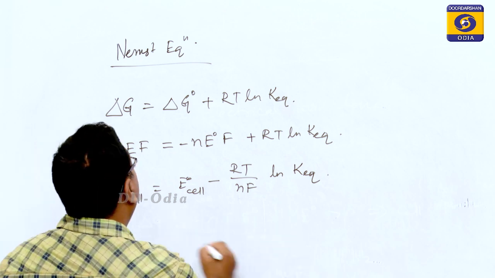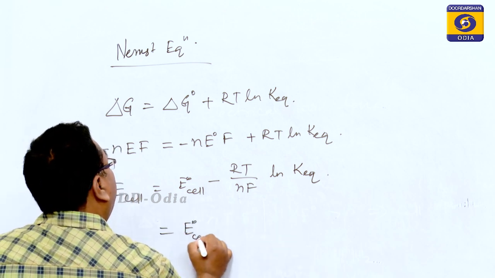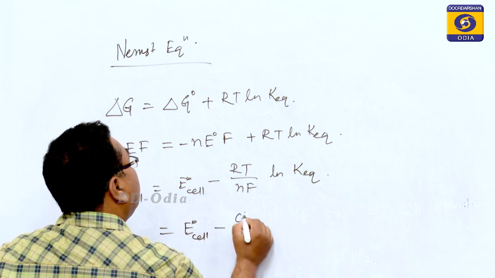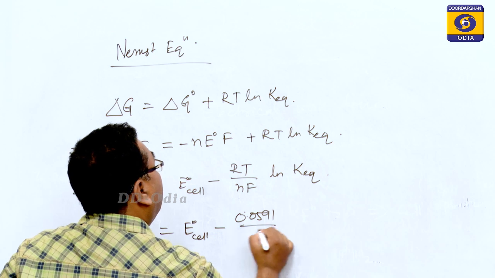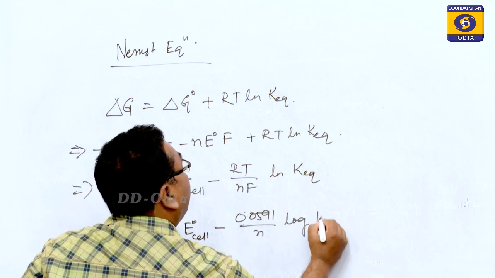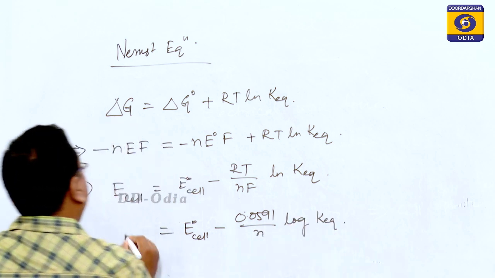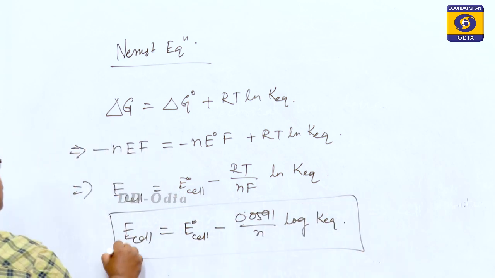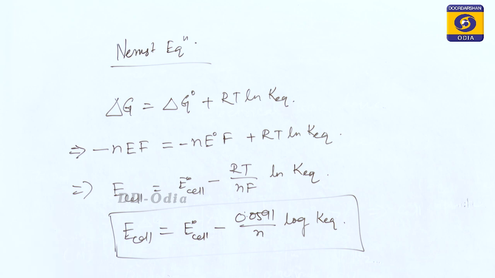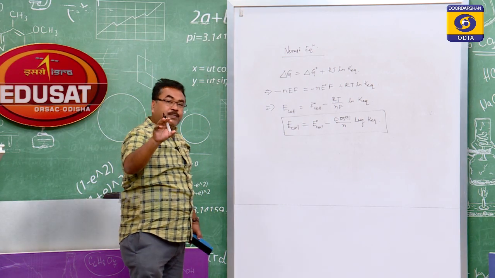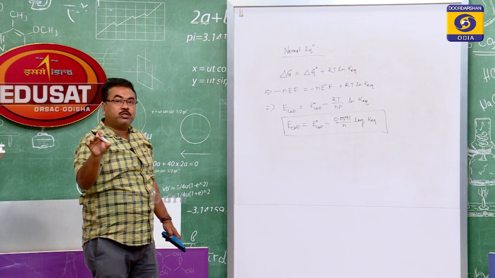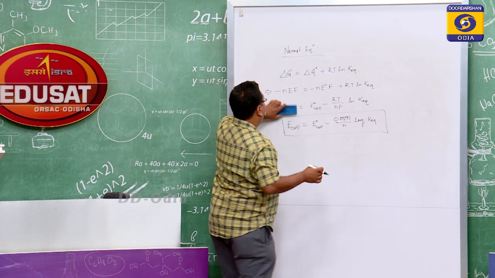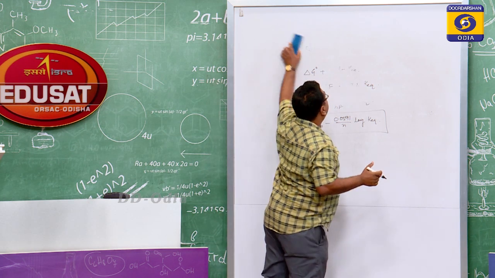If I put in the values of the constants, this comes out to be E0 minus 0.0591 by n log of K equilibrium. So, this is E cell. This is a general Nernst equation which we shall apply to a specific electrode process, either oxidation or reduction, or we can also apply it to a general cell reaction.